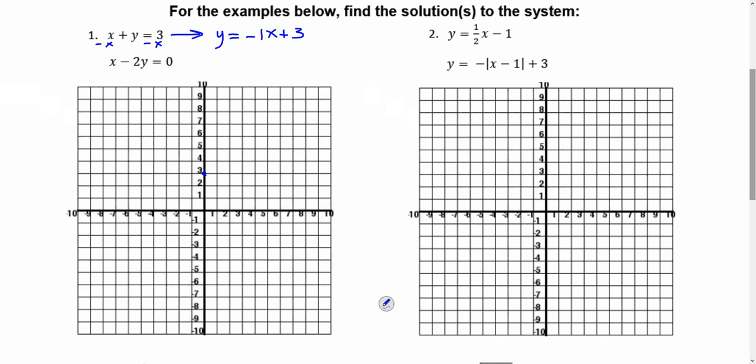1, 2, 3. We always start with the y-intercept, which is the number at the end. I'm going to turn this into a fraction. So the slope is negative 1 over 1. So that basically means down 1, right 1. Down 1, right 1. So it just has this pattern where it goes diagonal.